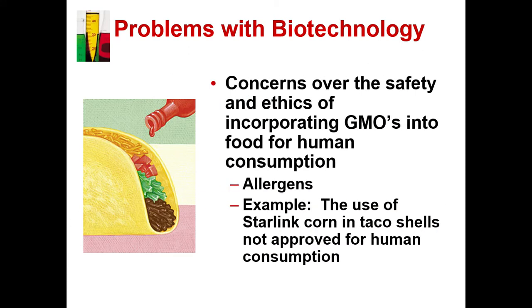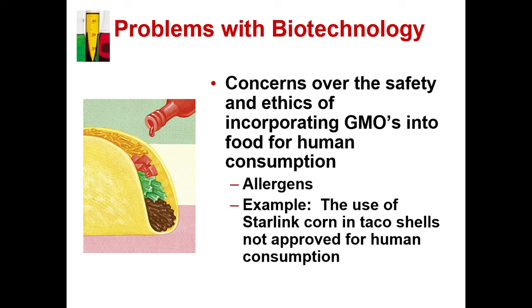Next, concerns over the safety and ethics of incorporating GMOs into food for human consumption. Historically and naturally, we are used to normal natural foods. Our bodies and genes are not used to those GMOs, the specific organisms that we produce during biotechnology.